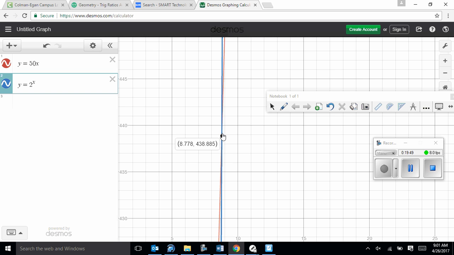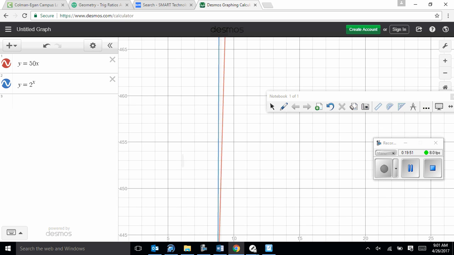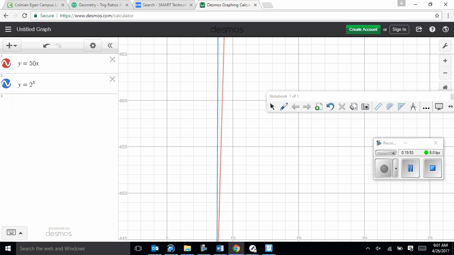But then after that point, what's happening to our red line? Is it more or less than the blue line? It's less, right? So it's underneath. And so for the same output, we have to go further right. We have to put in a higher number into our f of x equation, into the 50 times x.